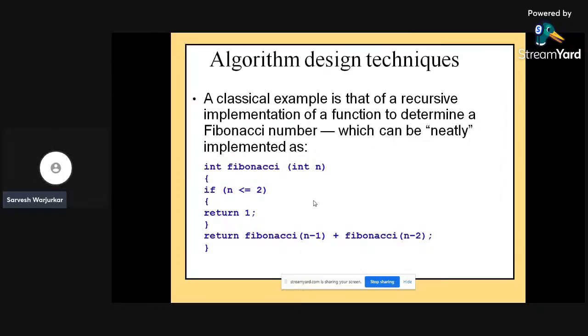In contrast to a greedy algorithm, where local optimization is addressed, dynamic algorithms are motivated by overall optimization of the complete problem. In contrast to divide and conquer, dynamic algorithms use the output of the smaller subproblems and then try to optimize the bigger problem.